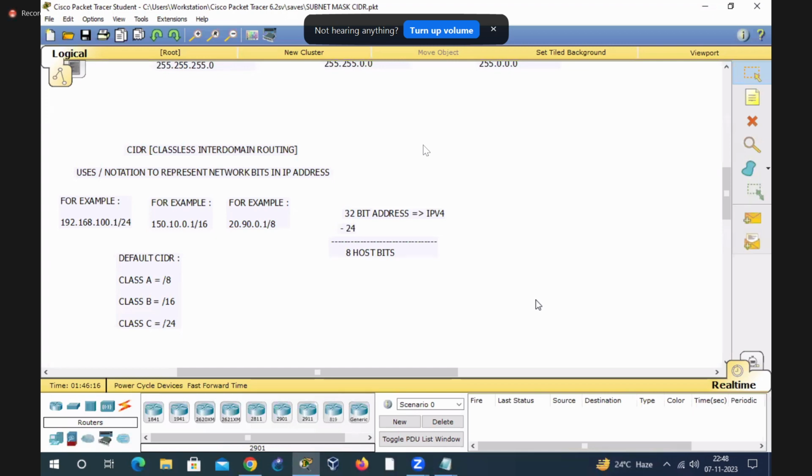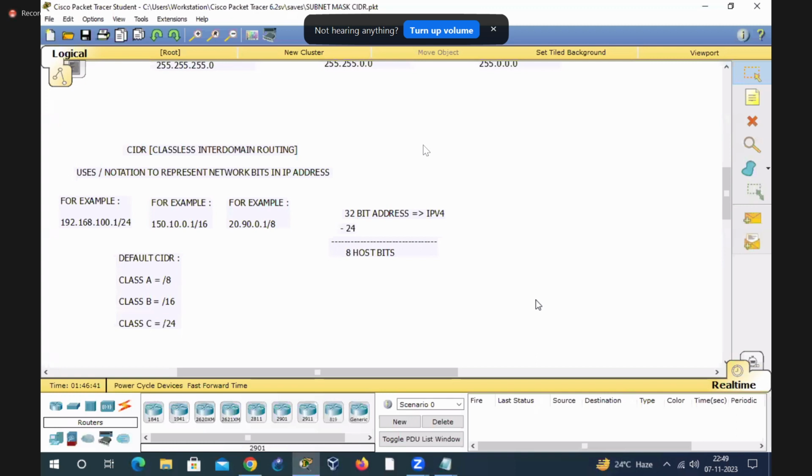Its full range is 128.0.0.0 to 172.15.255.255. Then 172.32.0.0 to 191.255.255.255.